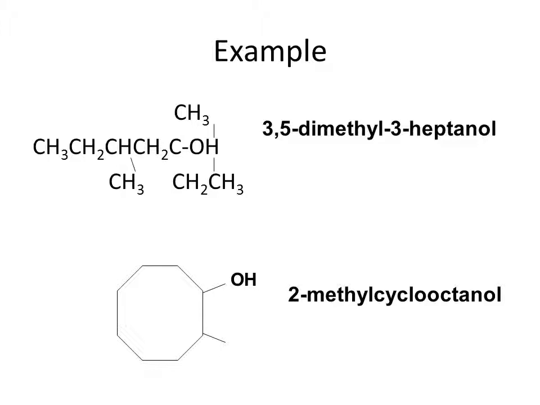So I will number the ring according to the alcohol being on the number 1 carbon. We don't have to say the alcohol is on the number 1 carbon. That's assumed. So all we have to do is number the substituents, and we can see that that is 2-methyl. So it's 2-methyl cyclooctanol.